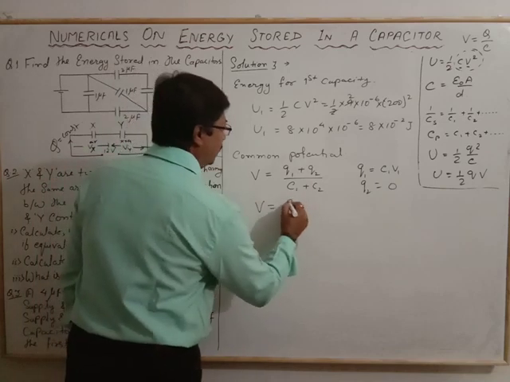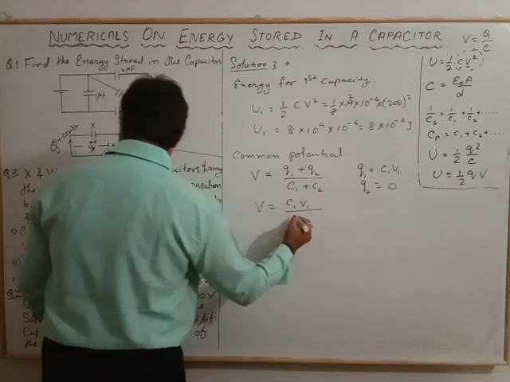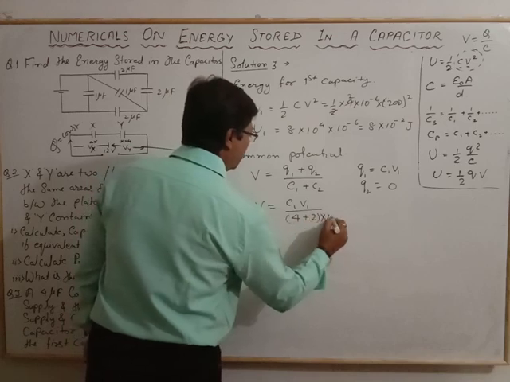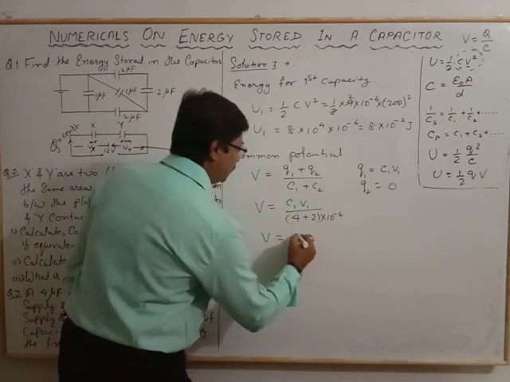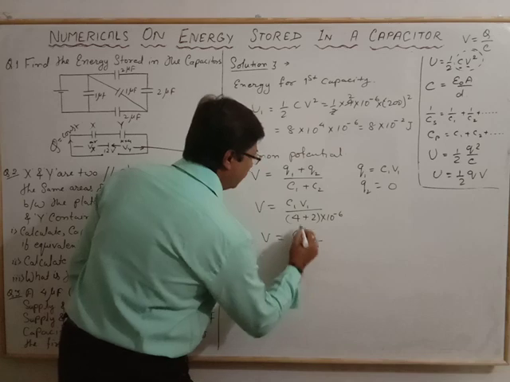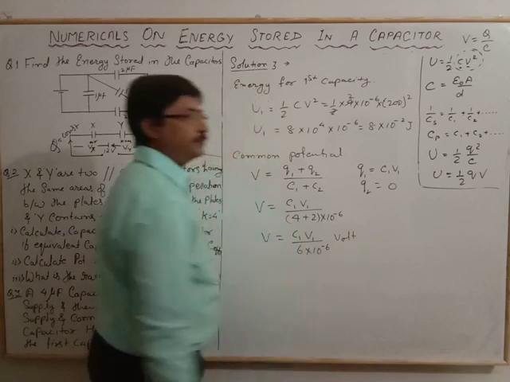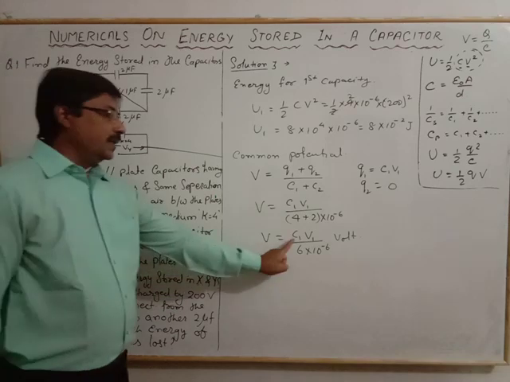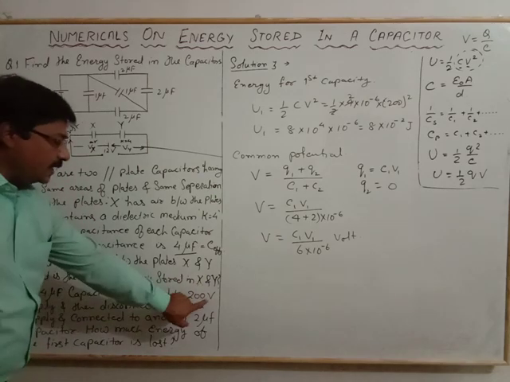So the potential is C1 V1 divided by 4 microfarad plus 2 microfarad, into 10 to the power minus 6. So we have V equal to C1 V1 by 6 into 10 to the power minus 6 volt. Now C1 is given as 4 microfarad and the potential is 200 volt.